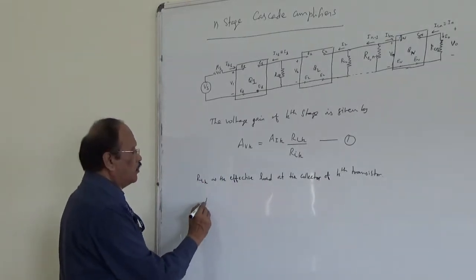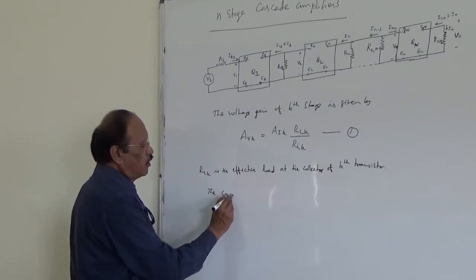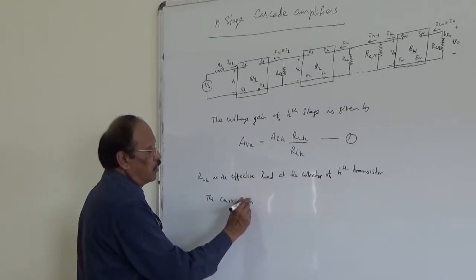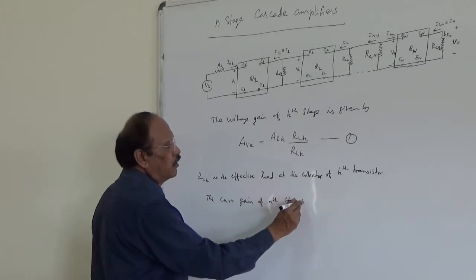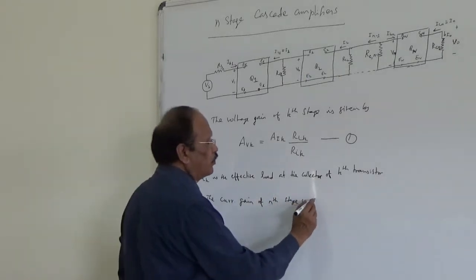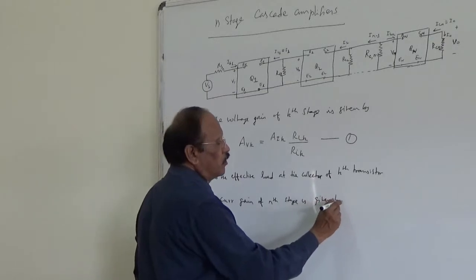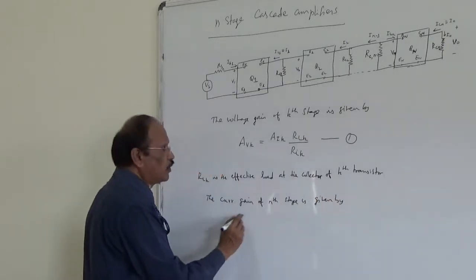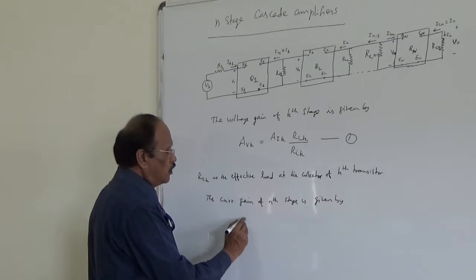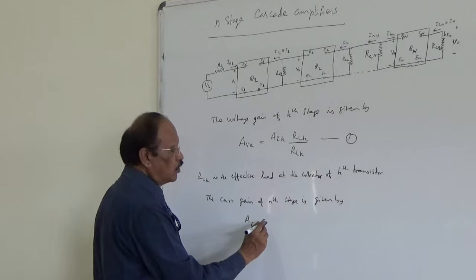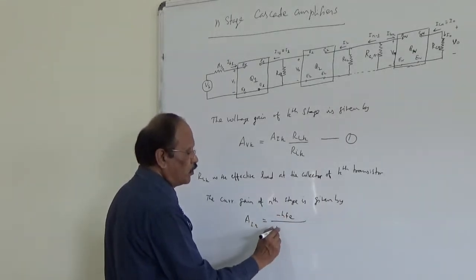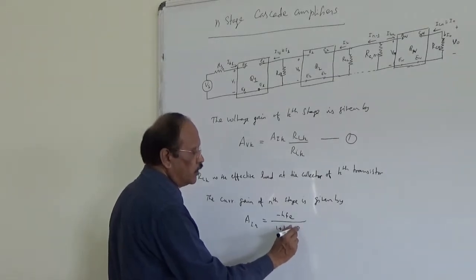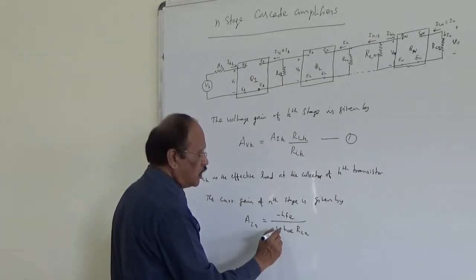The current gain of the nth stage is given by AIN is equal to minus HFE by 1 plus HOE into RLN.